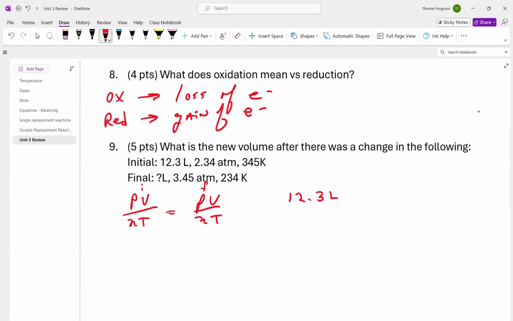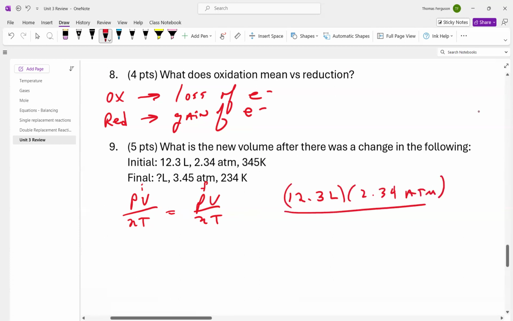Pressure is, and the temperature already converted for you, 345. Now notice we don't have to use R this time, only when we have PV equals nRT. When we have initial final conditions, the R's cancel out. Notice we didn't mention moles either. So the n's cancel out as well.